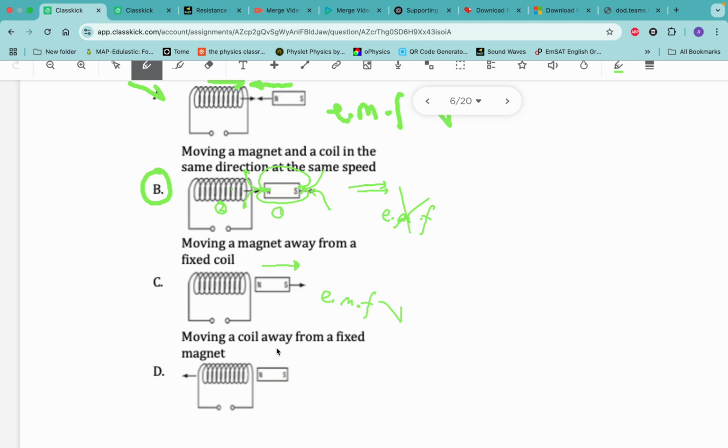Moving a coil away from a fixed magnet, in this case magnet is fixed while the coil will be moved away, again magnetic field will be decreased, so there's a change of magnetic field, which means EMF is induced, which means these three cases 1, 2 and 3 will allow magnetic field to be changed and will help EMF to be created and induced.